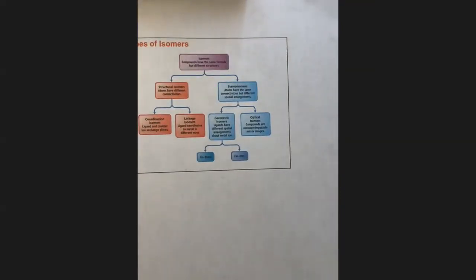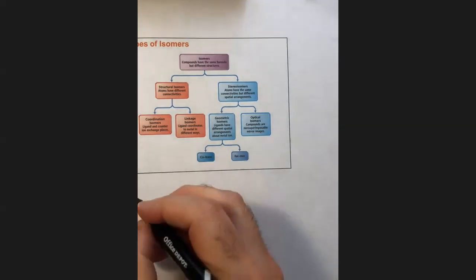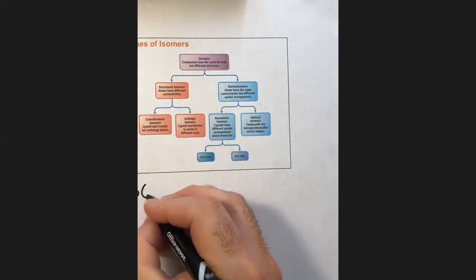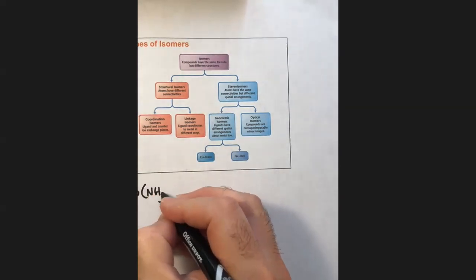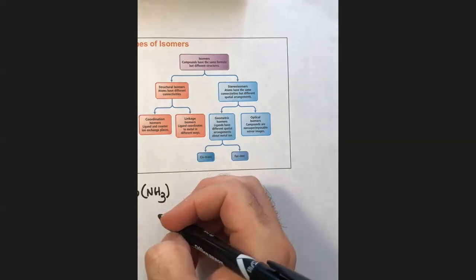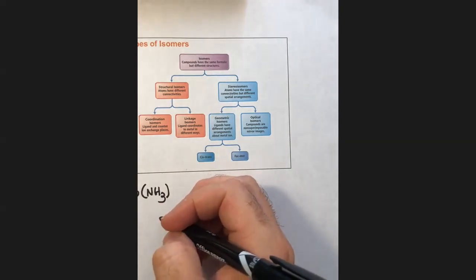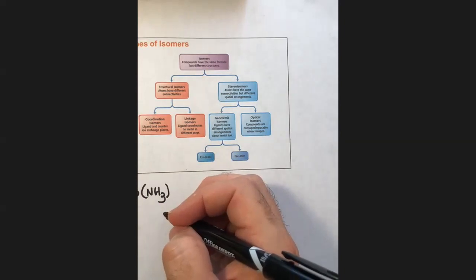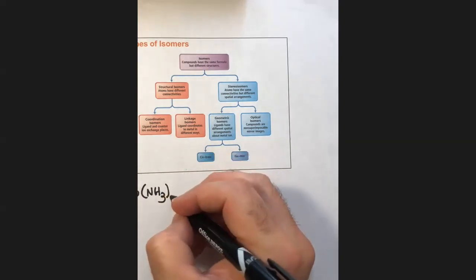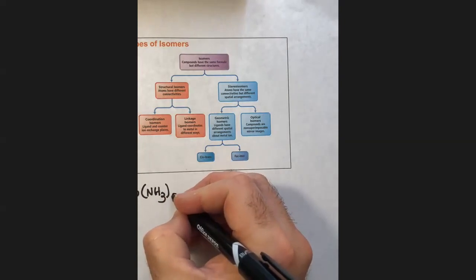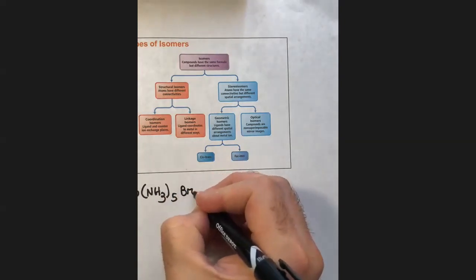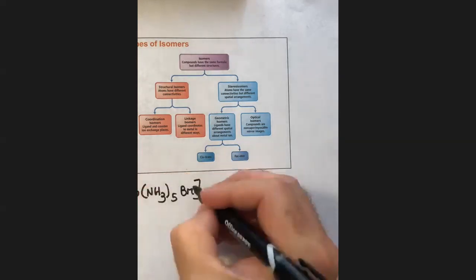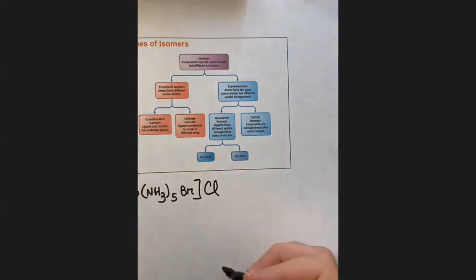Okay, let me show you an example of what I mean by a coordination isomer. Let's consider 2 compounds. Both of them are going to have cobalt ions, and then this one's going to have NH3 5, Br, and a chloride ion on the outside.